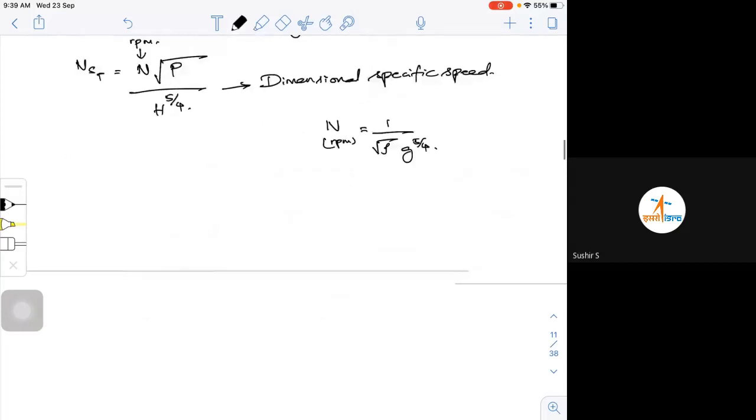So what about a compressor, a pump or a fan? For this, the non-dimensional number is defined as NSP.